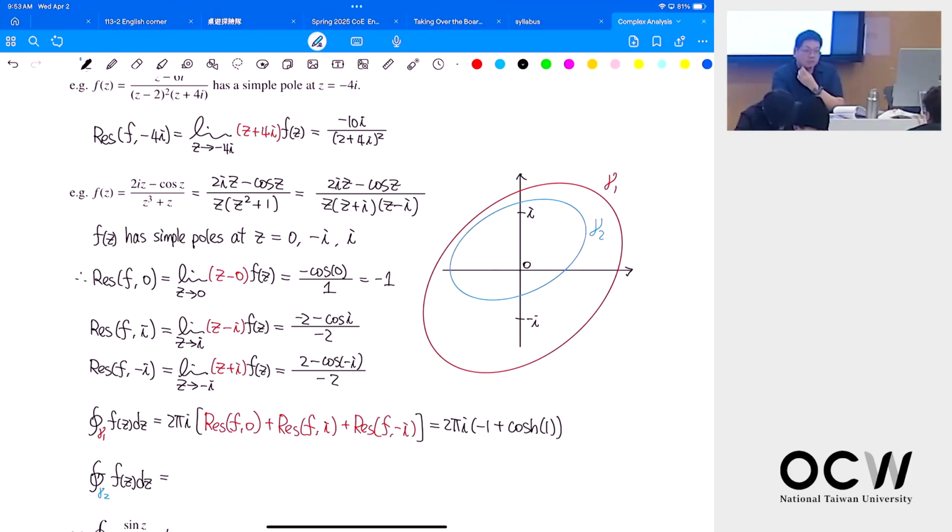For gamma 2, we only take 2 of them, right? 2 of the residue values. Which one are we going to choose? Then you tell me. Like, we have 6 options then, 6 answers for gamma 2.